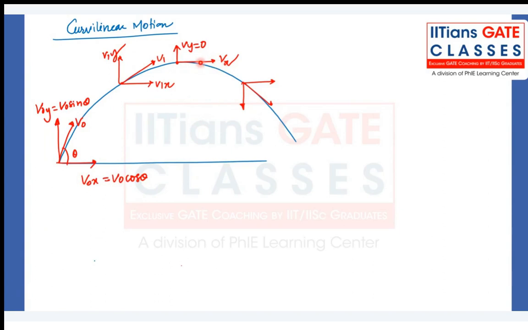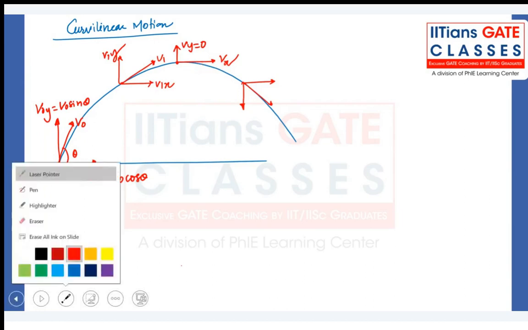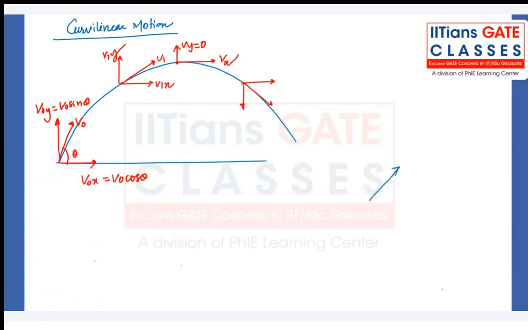If you have, let's say, one velocity making an angle theta, then you can have Vx and Vy. But if V itself is horizontal, then that will be equal to Vx, right? Vy will be zero in that case. Are you following?